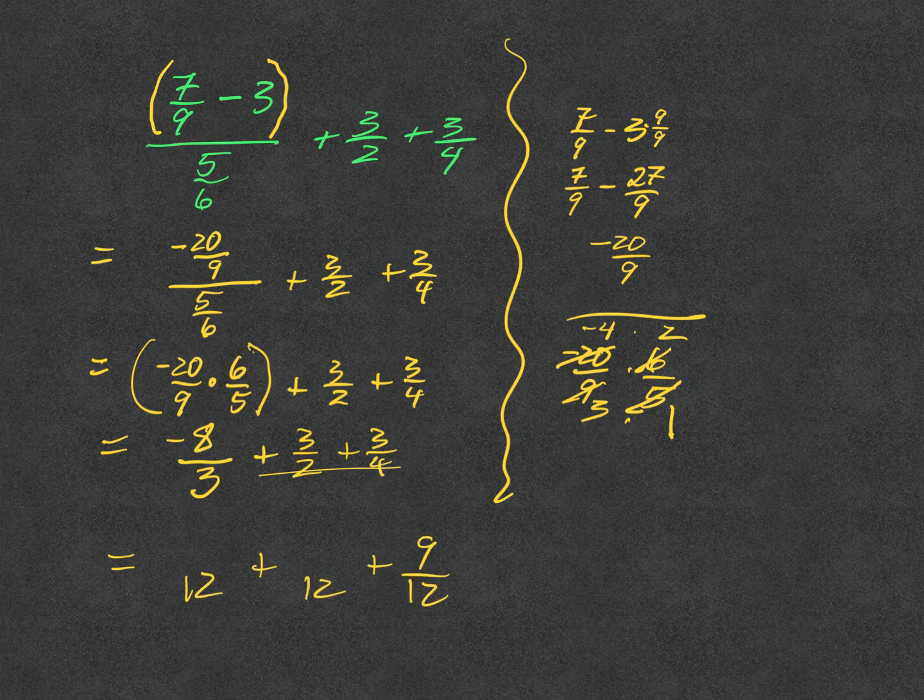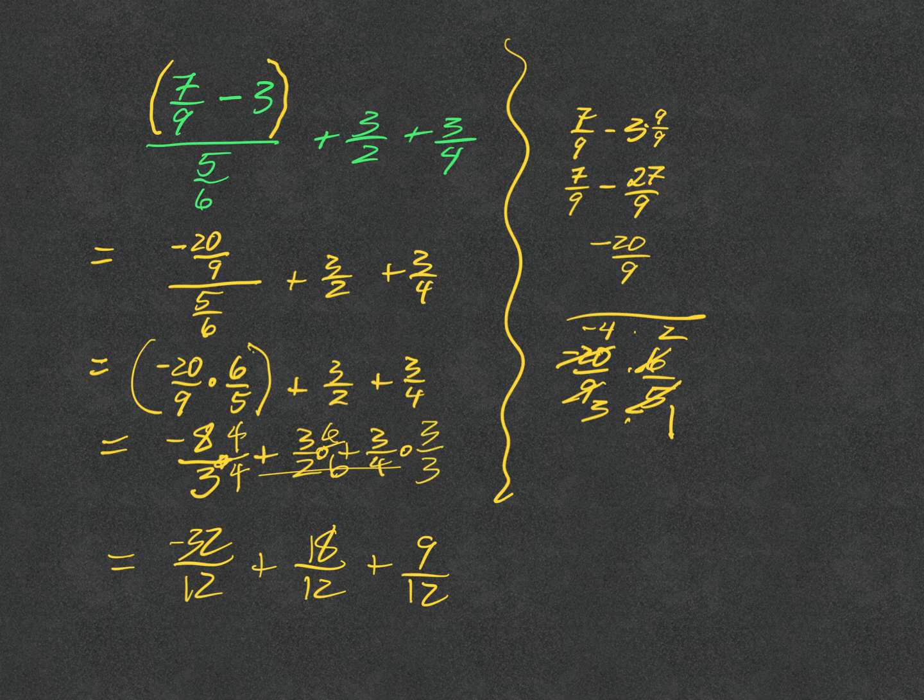So I'm going to write all of these over 12. All right. And how you could do that, since I want 12, I multiply this one by 4 over 4. I multiply this one by 6 over 6. And I multiply this one by 3 over 3.